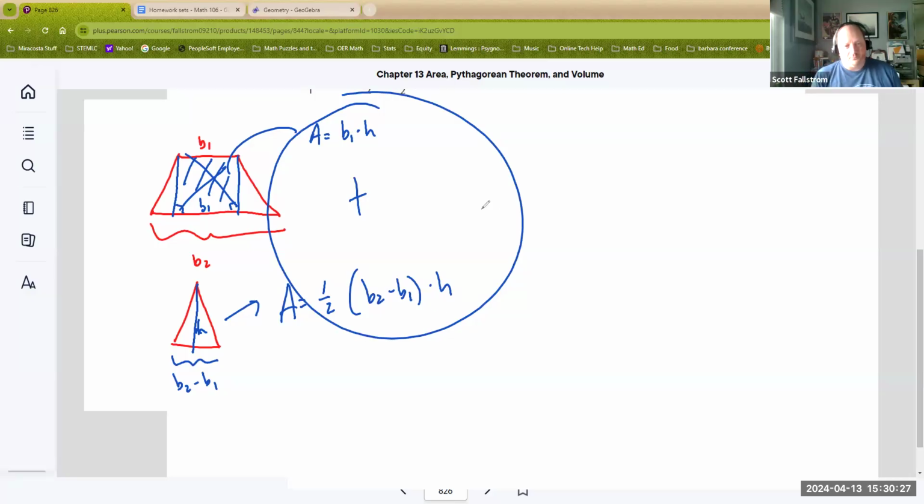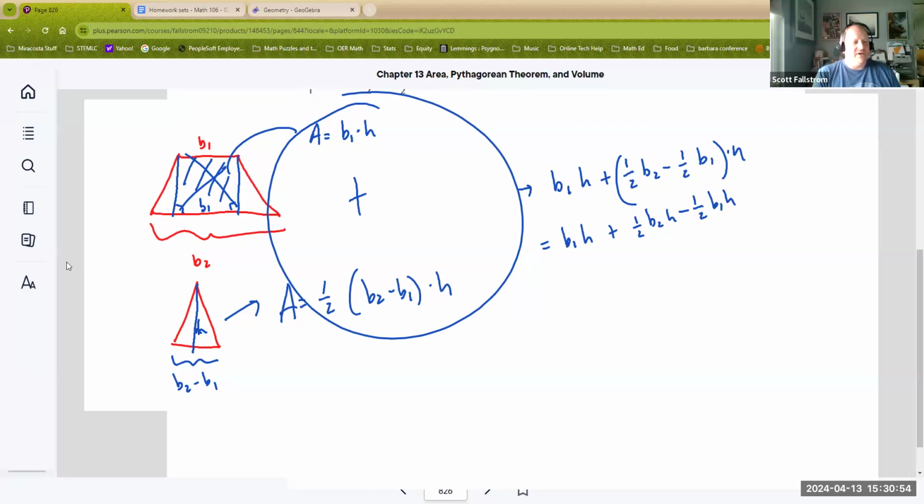And so to find the trapezoid, you just add these two together. It looks a little complicated, but let's take a look. I'd have B1H plus 1/2 of B2 minus 1/2 of B1 times H. So that's B1H plus 1/2 of B2H minus 1/2 of B1H.